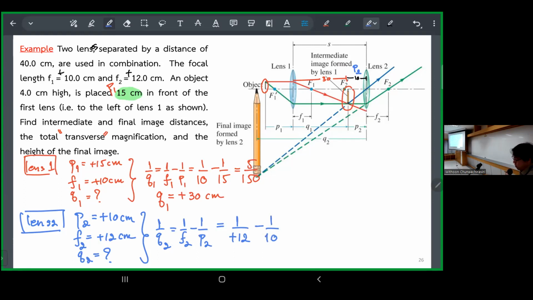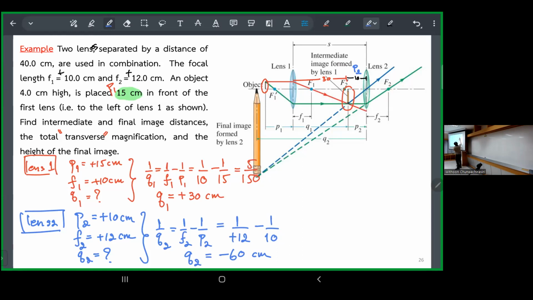Now, with this, you get your final image for lens number 2 to be negative. With me? All right. I think it's negative 60. Cool. Is my number correct? It's negative 1 over 60, which gives negative 60 centimeter. So what does this mean?